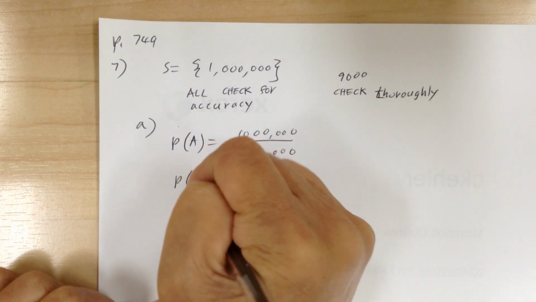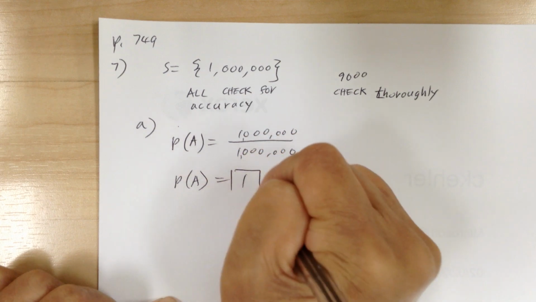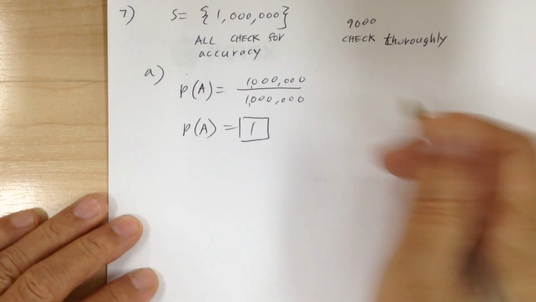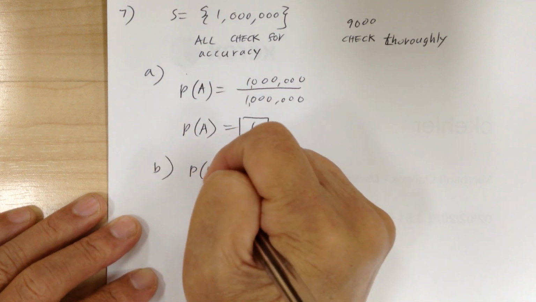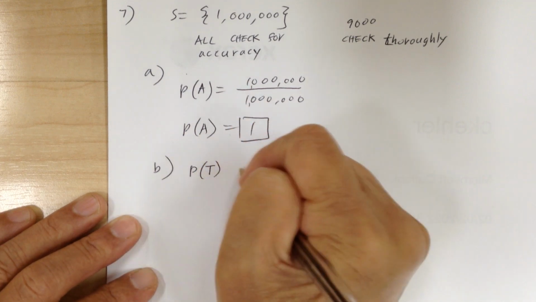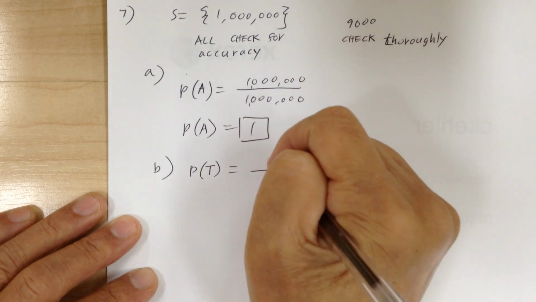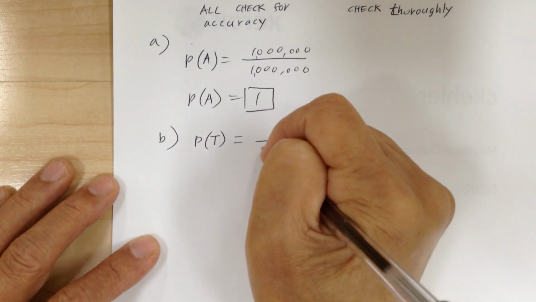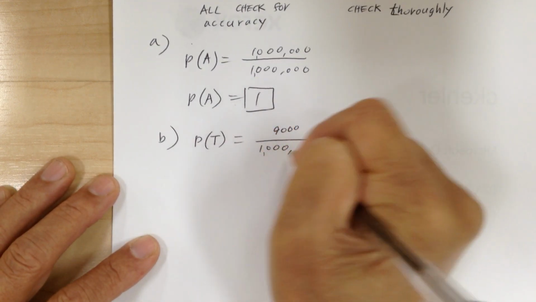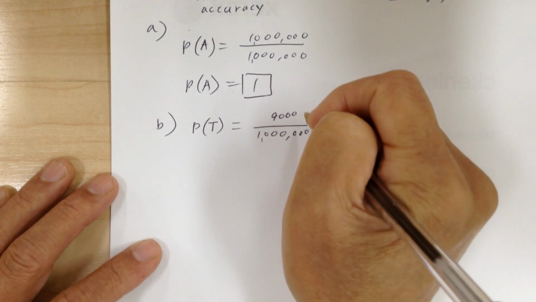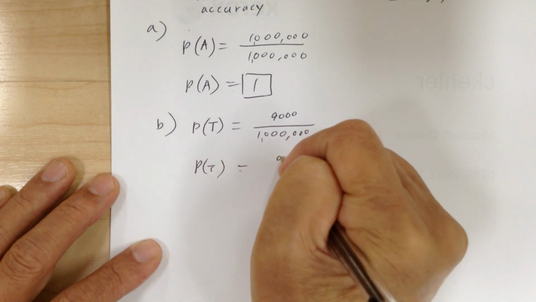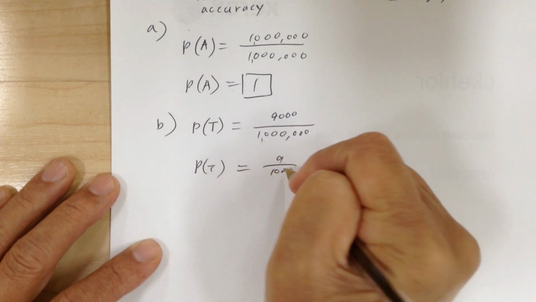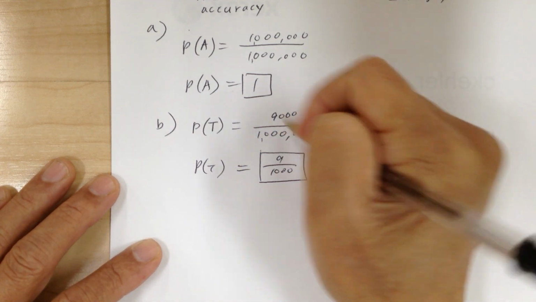So the probability of checking for accuracy is equal to 1. And B is checked thoroughly. I'm going to call it T. Checked thoroughly would be 9,000, that's what you want, over 1 million. If you cancel the zeros, it will give you 9 over 1,000. I canceled the 3 zeros.